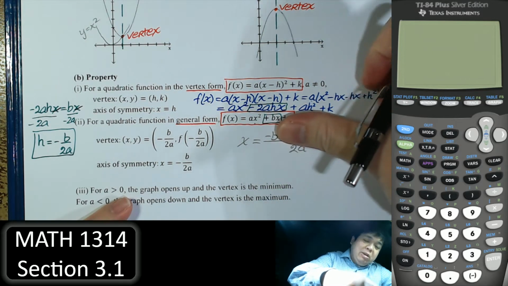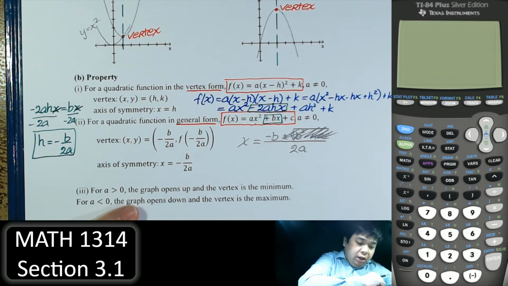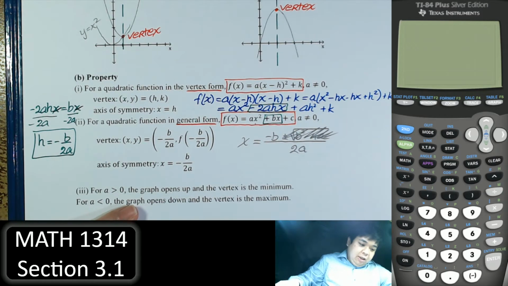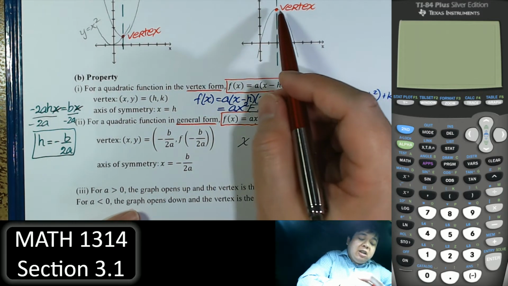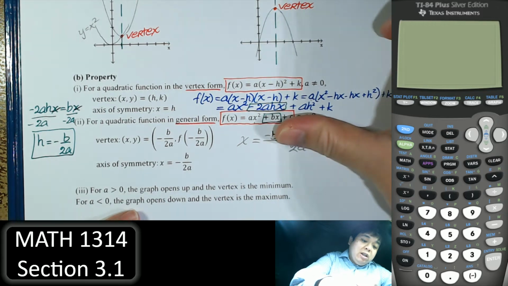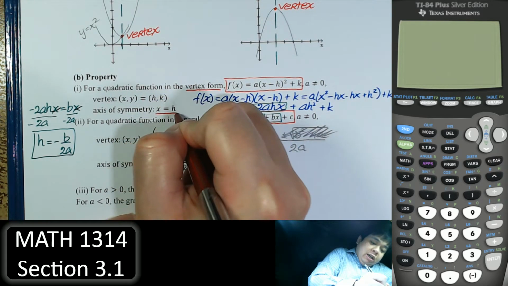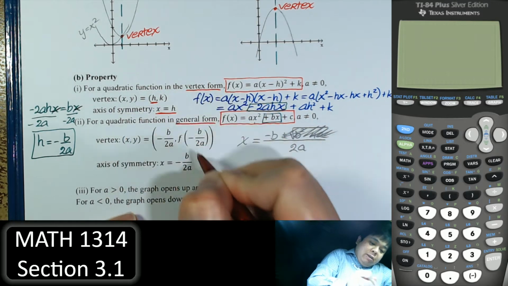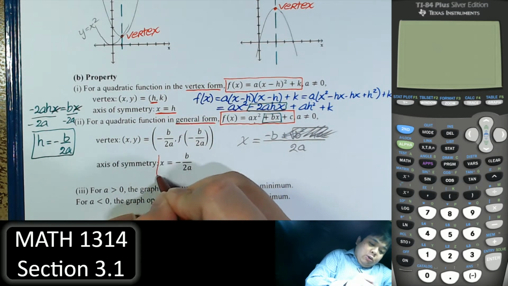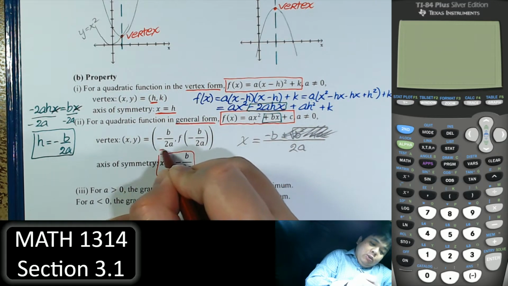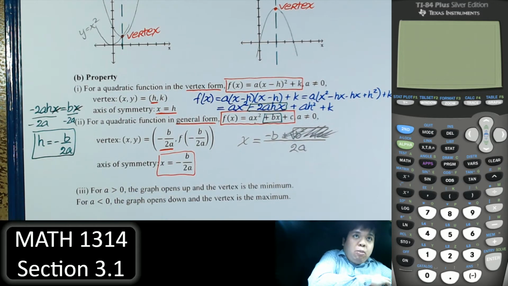That is negative b over 2a. And also the vertex is on the axis of symmetry, so that's why this is equal to 0. So the axis of symmetry is x equal to h, the same h, or x equal to negative b over 2a, which is the same as the x component of the vertex.